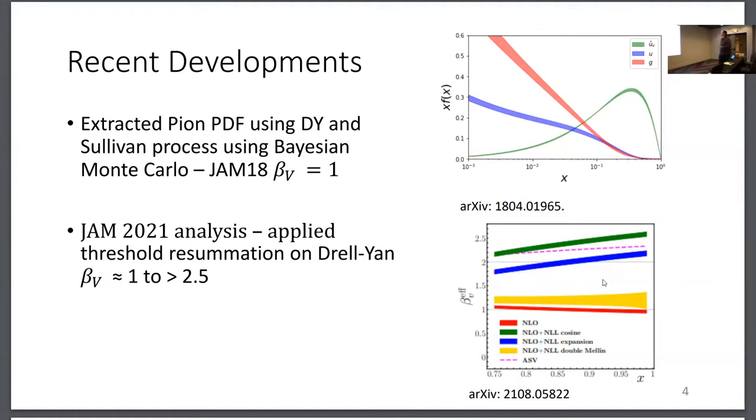This is the valence up we're looking at. Very recently, in 2021, they used threshold resummation on Drell-Yan, where for different resummation methods you get different beta V from 1 to 2.5. So depending on which method they used, they had different beta V.